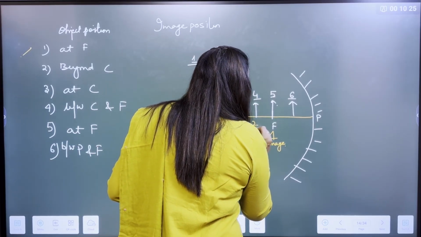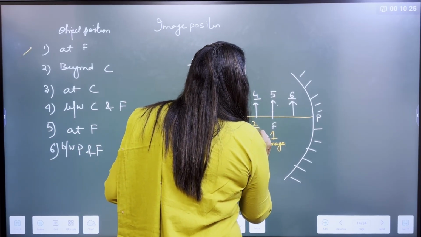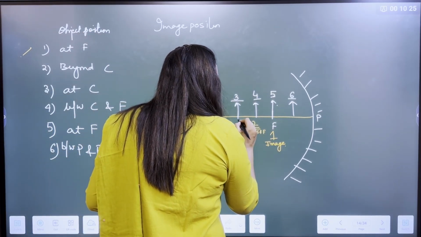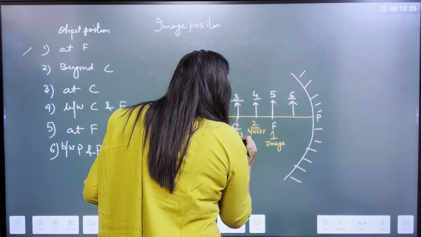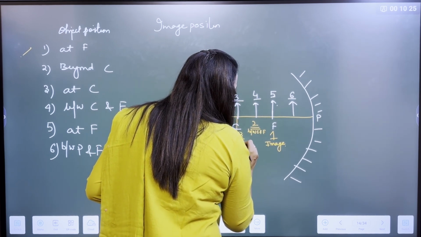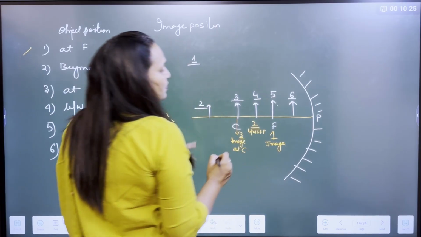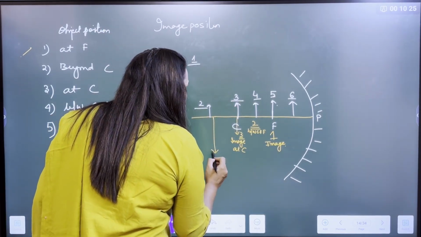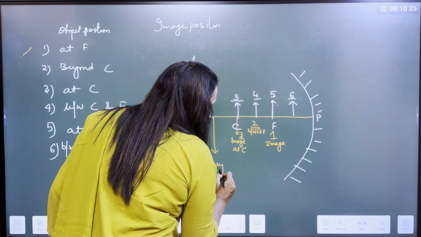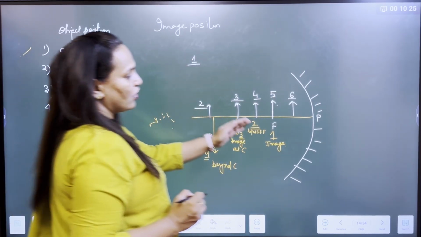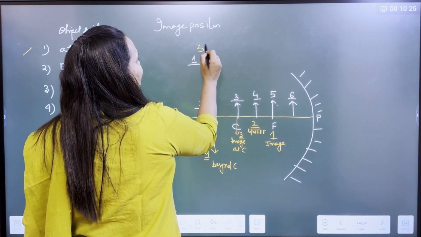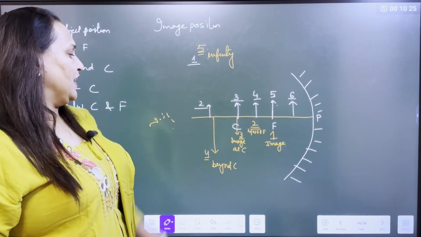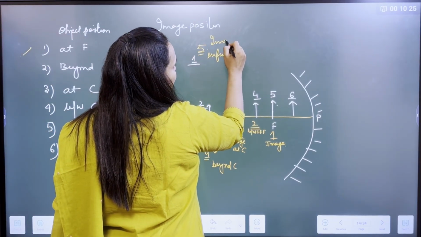Between C and F. And if the object at C, image will also form at C. Right? If the object is between C and F, where the image will go? Beyond C. If the object at focus, image will go at infinity. Yellow is representing image. Image at infinity.